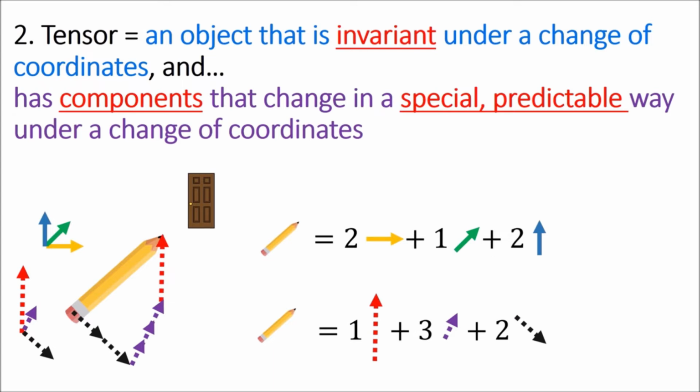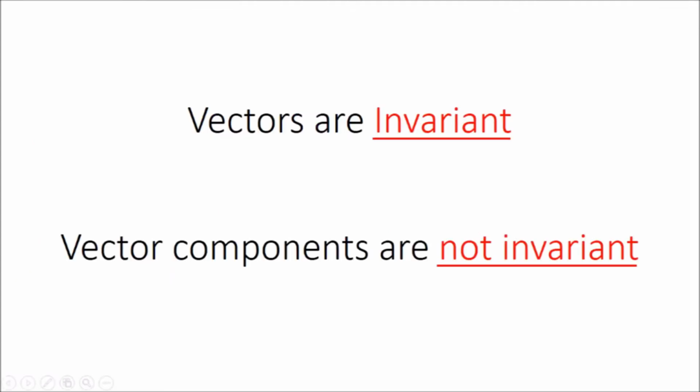So you'll notice when I measure the pencil using different coordinate systems, I actually get different components, right? And this is a really important idea. The pencil's components are not invariant, right? They change depending on the coordinate system they use. Okay, so the pencil is invariant, but the coordinates are not invariant. Okay, and again, that's a very important idea.